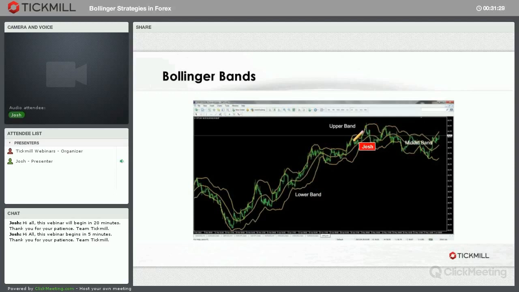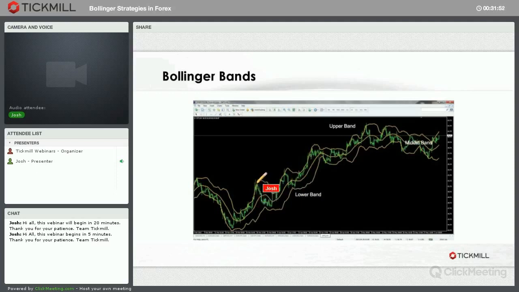Now, this is the fundamental way of explaining it. The mathematical, for those of you that are more mathematically inclined, actually what the Bollinger Bands are is they are standard deviation calculations, right? So effectively what the Bollinger Band is saying is, what is the deviation of the price, okay, the movement of the price around the mean or the average, which is the moving average. That's the middle band, okay?